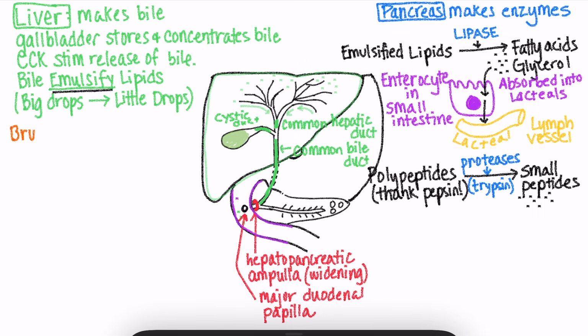So we're going to call these brush border enzymes. And these are found on the enterocytes, and they are required to finish up the digestive processes for both proteins and, as we'll see, carbohydrates.